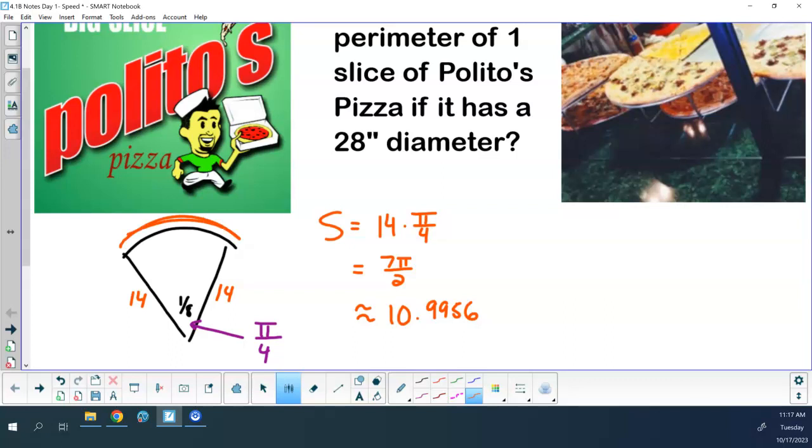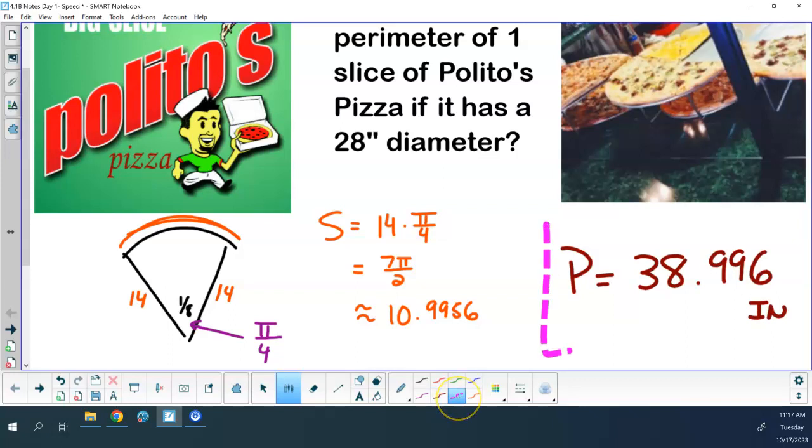And then to that, we've got to add 14 and 14. So I get the perimeter of our piece of pizza is 38.996 inches. Yes? No? Need some more explanation.